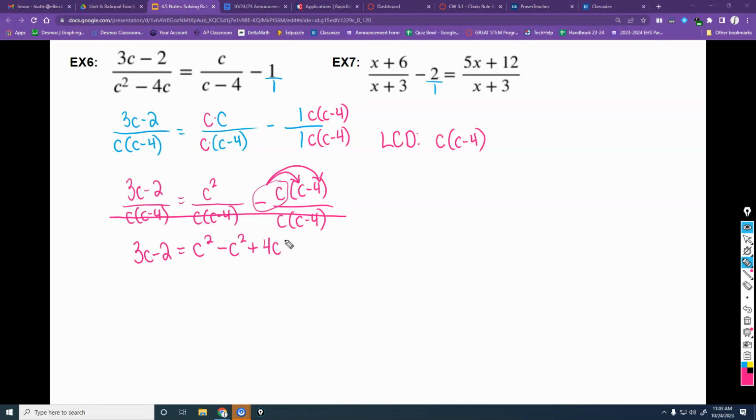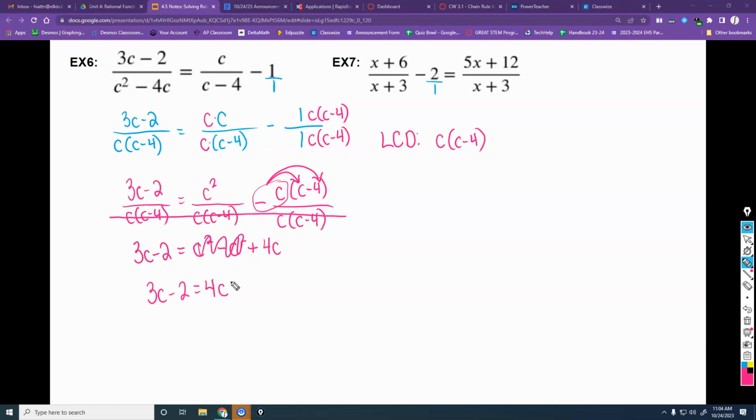This one looks like it's a quadratic. Is it a quadratic? What would happen right here with c squared minus c squared? Those cancel out. So you do have squares, but they cancel each other out. So this one's actually not a quadratic. We've got 3c minus 2 equals 4c.